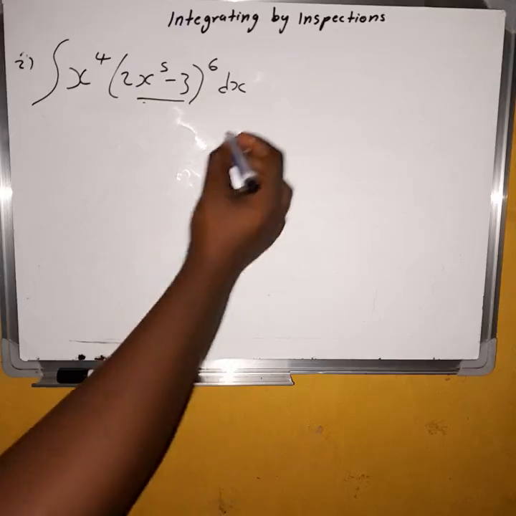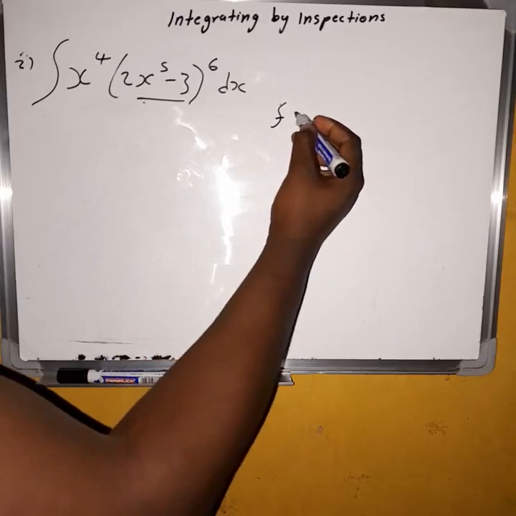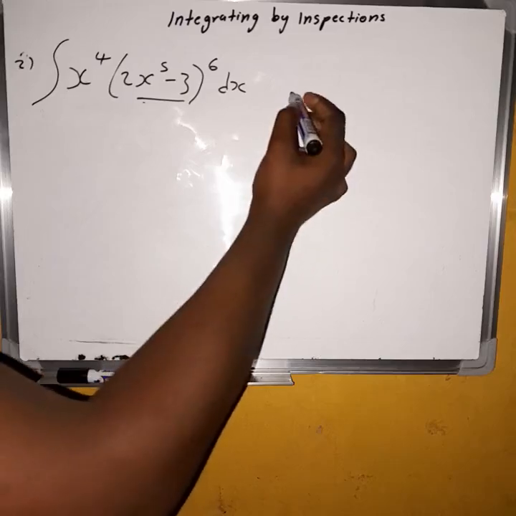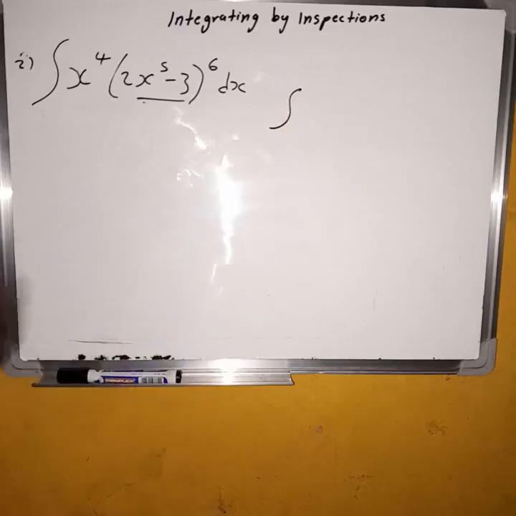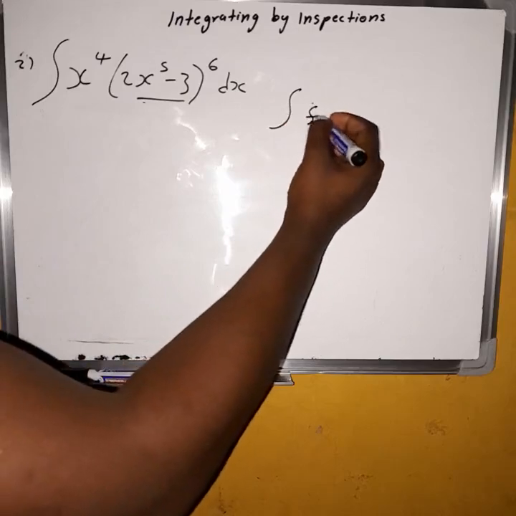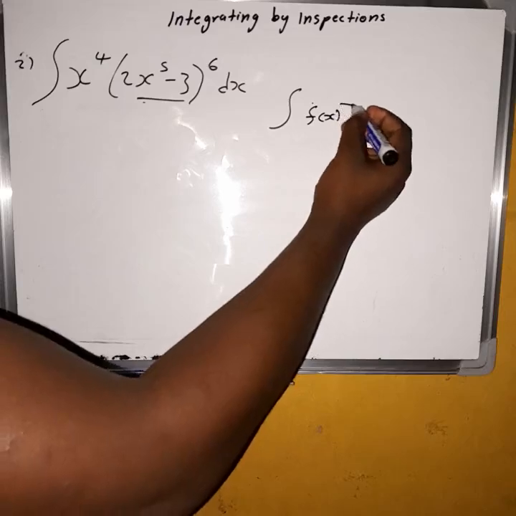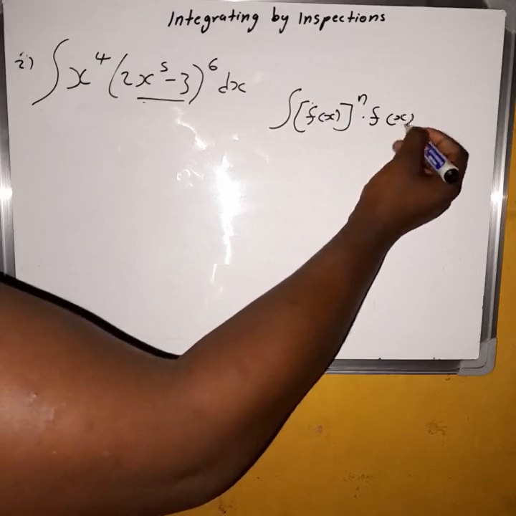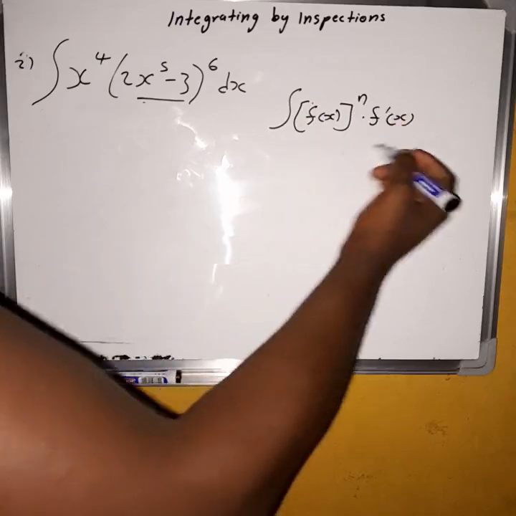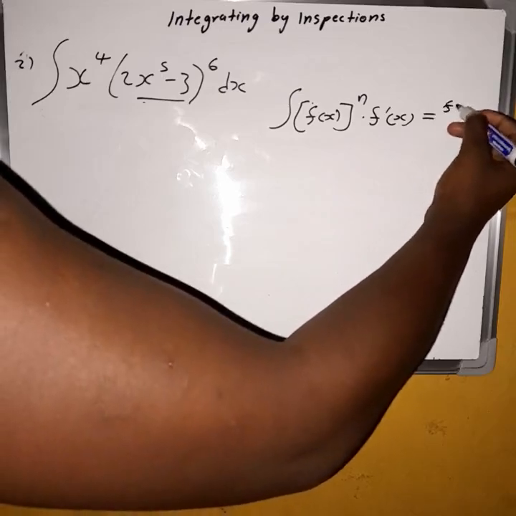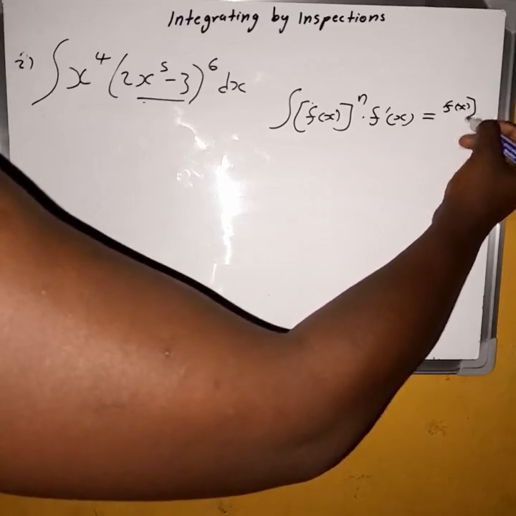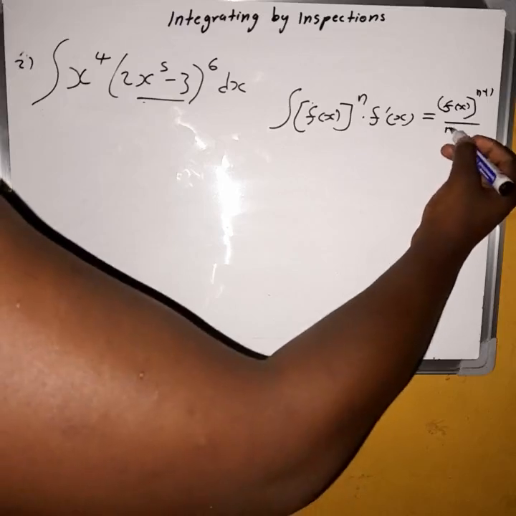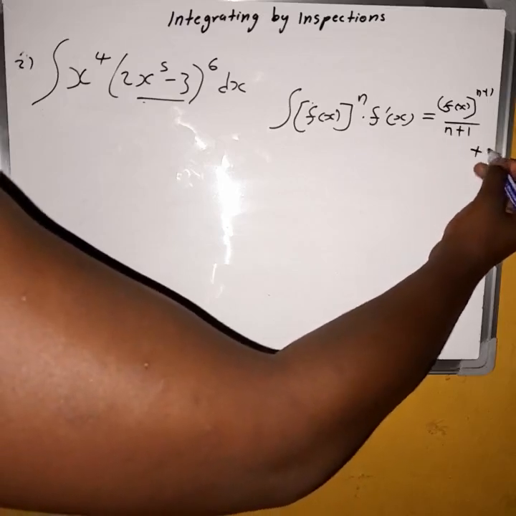We know our formula: when you integrate f of x to the n, times f prime, this must be equal to f of x to the n plus 1 over n plus 1, plus constant c.